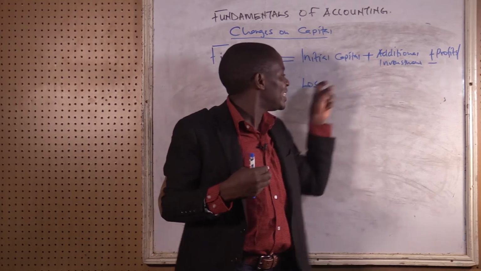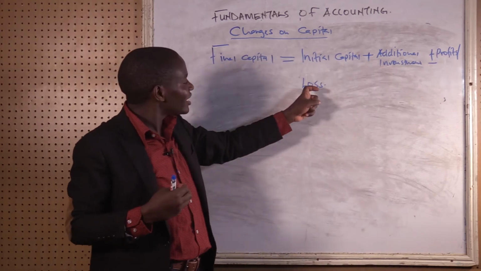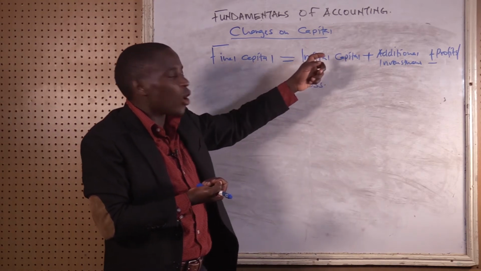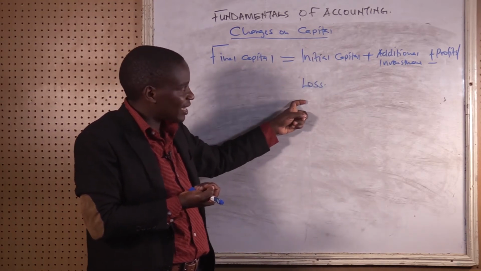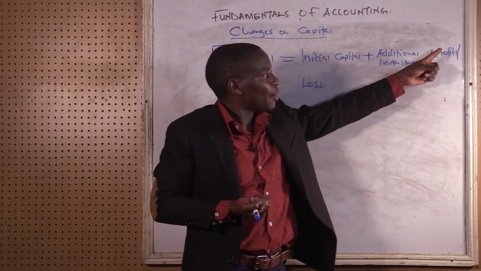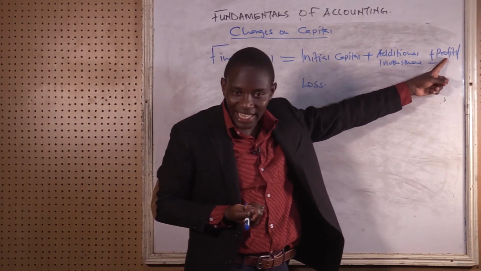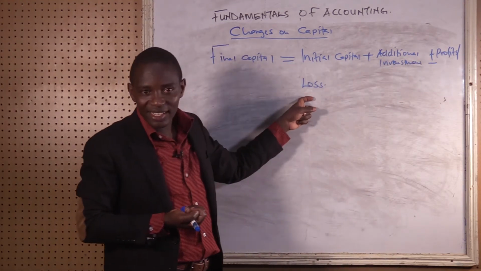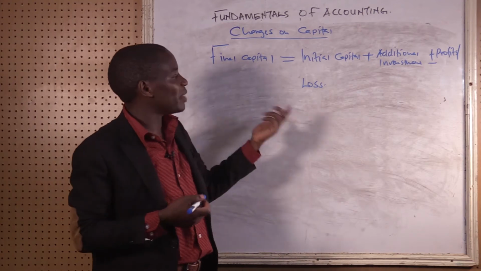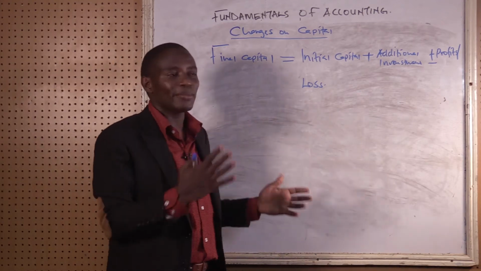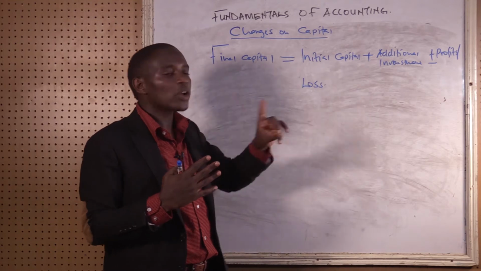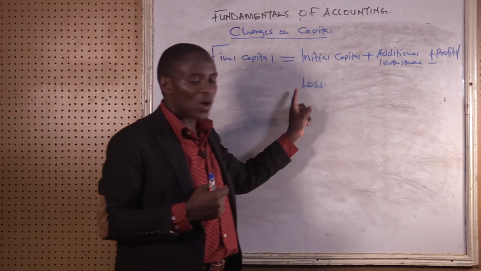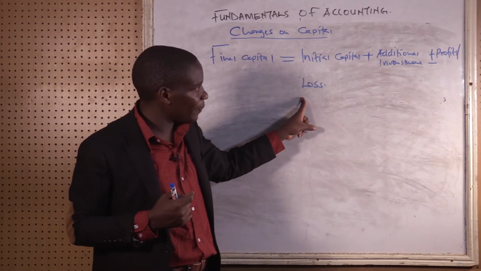When the business incurs a loss, this loss reduces the net worth of the owners in the business. So when I say plus, it means plus profit. When you say minus, it is minus loss. They cannot occur at the same time. So that's why I said profit or loss. When you have a profit, you shall be adding. When you have a loss, you shall be subtracting.